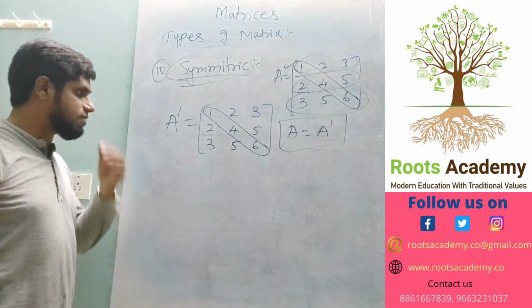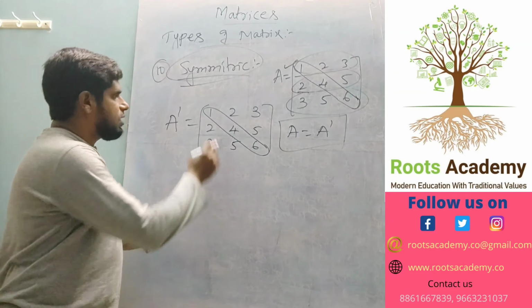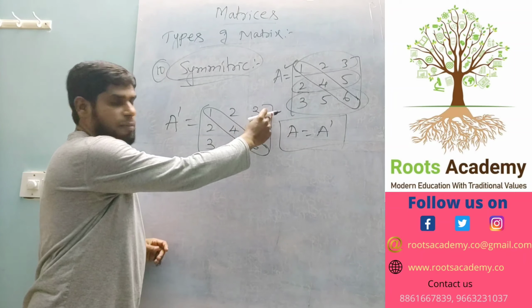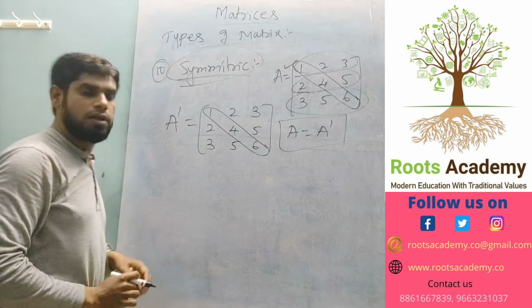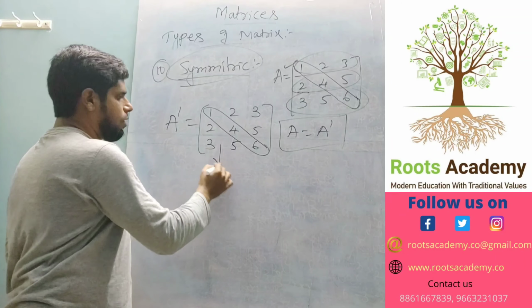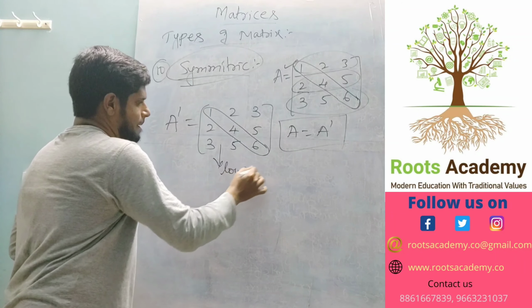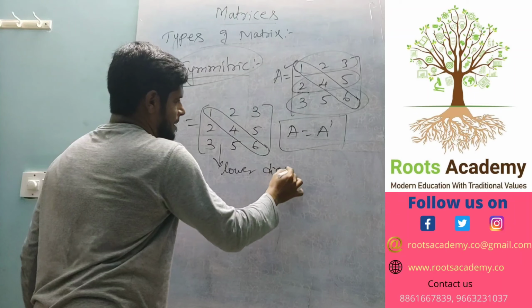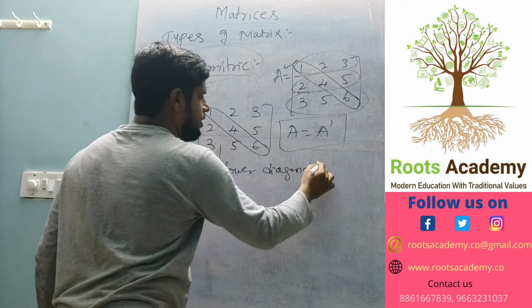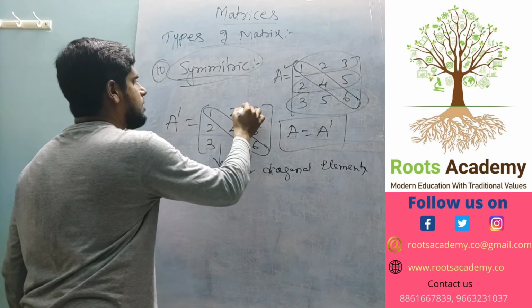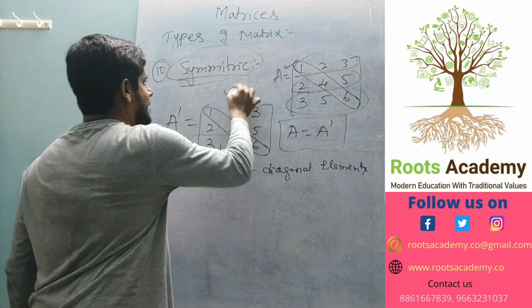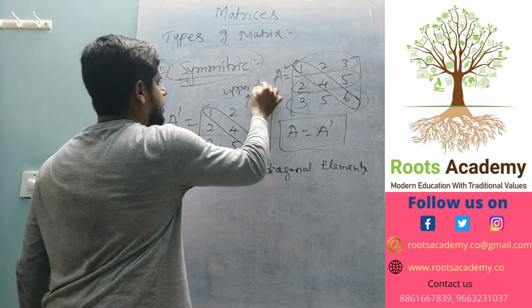And student, one more beauty of this symmetric matrix is that the upper diagonal elements and lower diagonal elements are exactly equal. Here, these are the lower diagonal elements, and these are the upper diagonal elements.